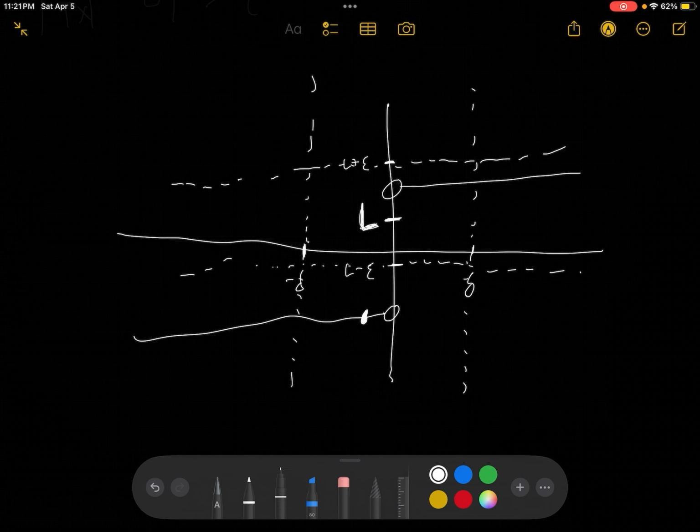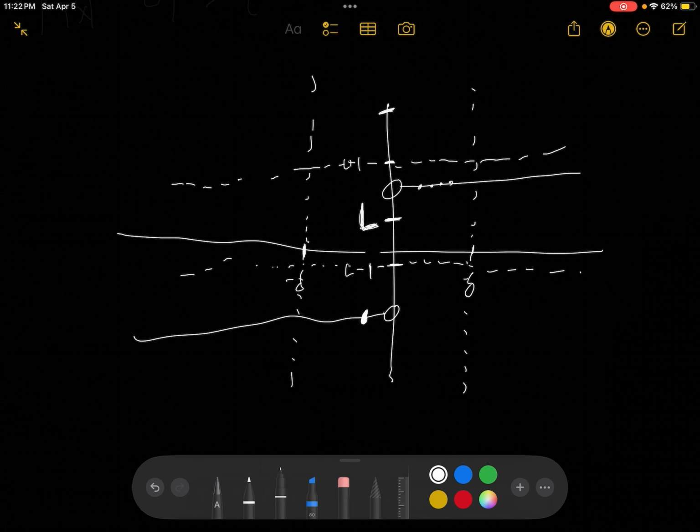Thinking about what kind of epsilon value we should take, there's actually a whole host of options that work. For instance, if we take epsilon equals 1, then what we can conclude is at most one part of the function is going to be within this radius between L minus 1 and L plus 1.